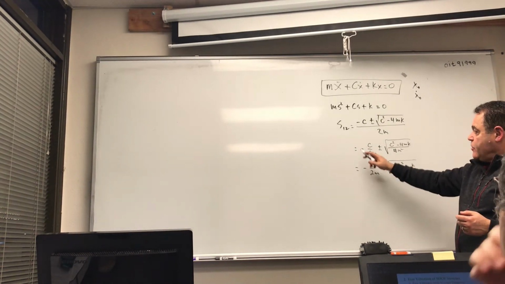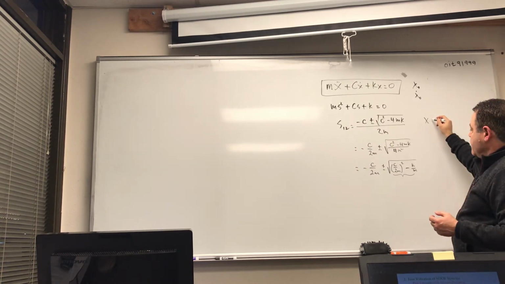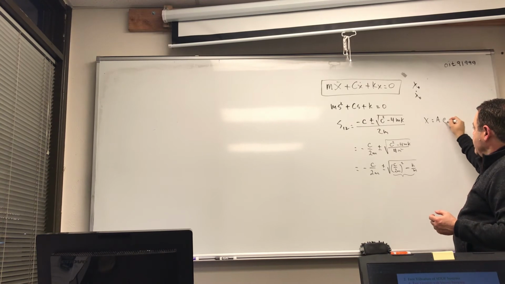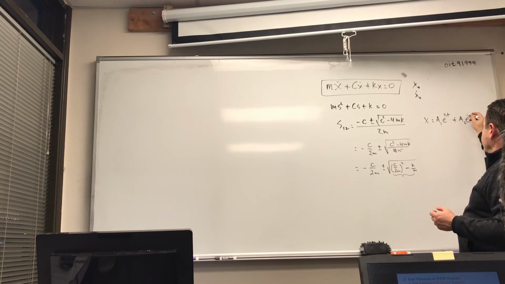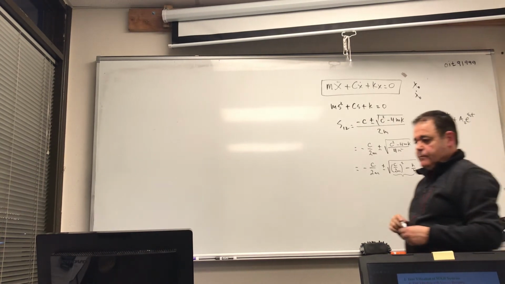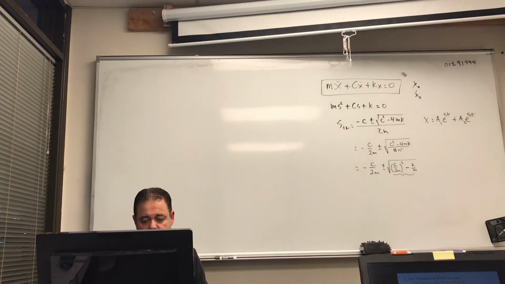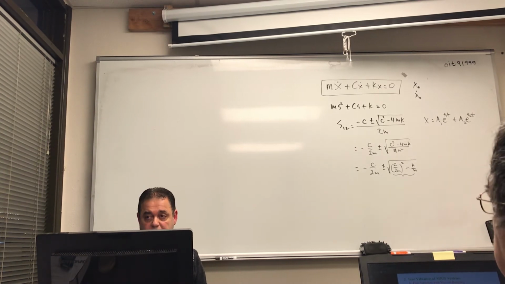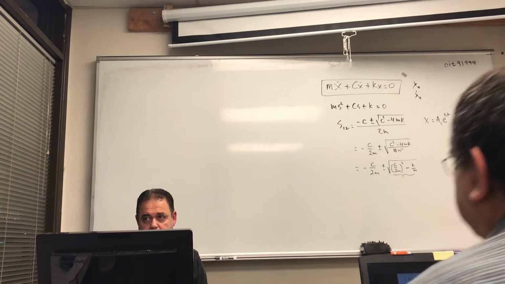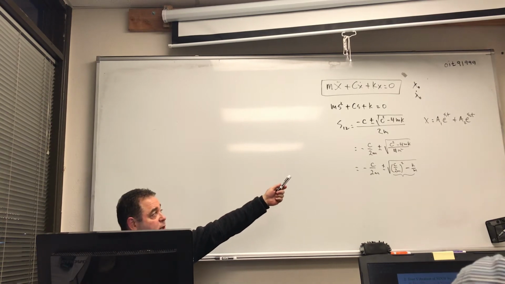But in general, when we write this equation like this, the solution takes the form x equals a1 e to the s1 t plus a2 e to the s2 t, okay?